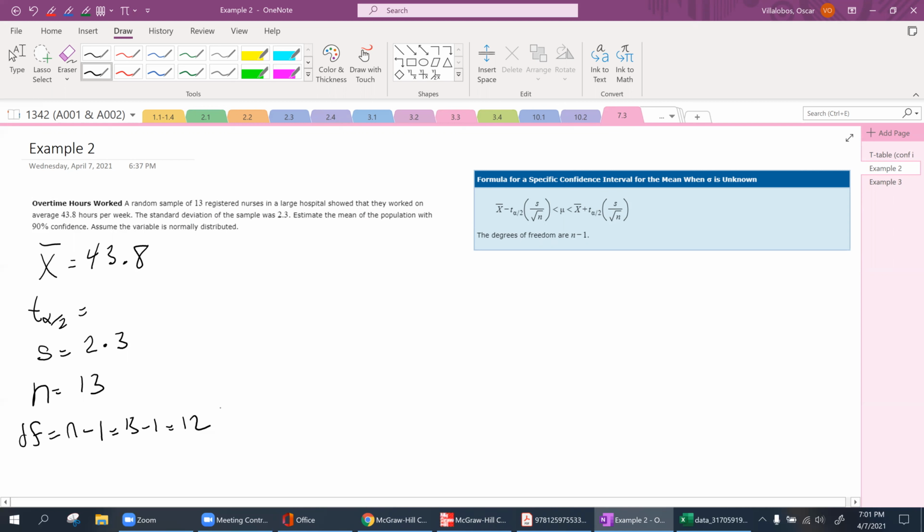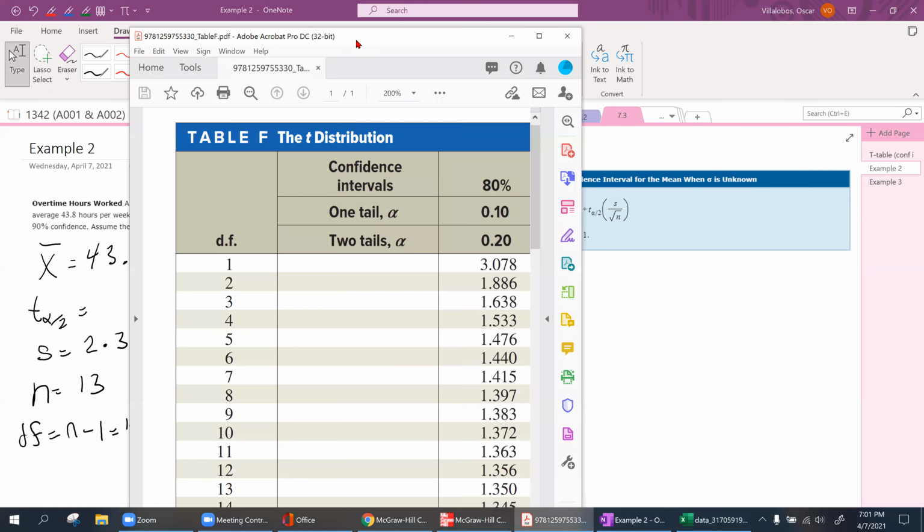All right, so let's go ahead and cross for my t alpha over 2. I need to cross the 90% confidence interval with my degrees of freedom, which ends up being 12. So let's find that on this table.